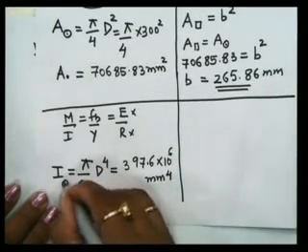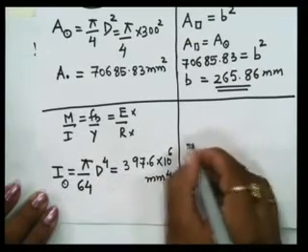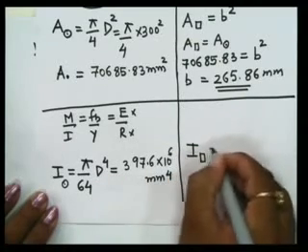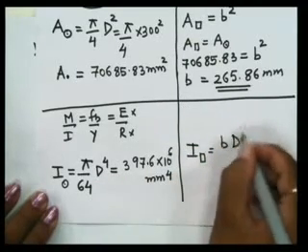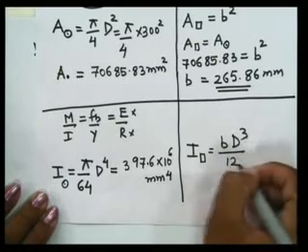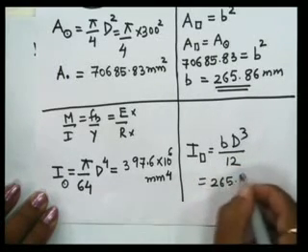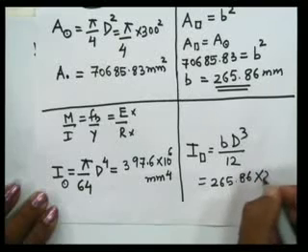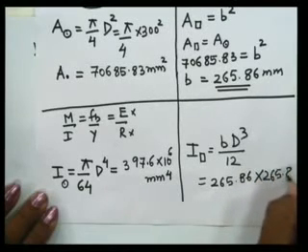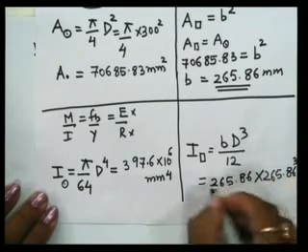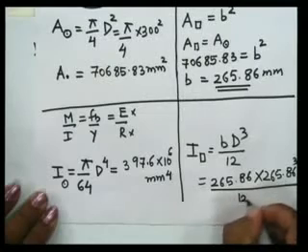Similarly, I for the square section will be b d cube by 12. So 265.86 into 265.86 cube divided by 12.